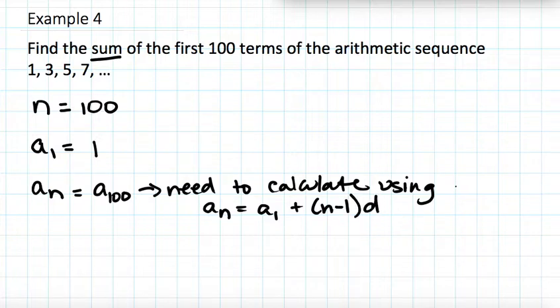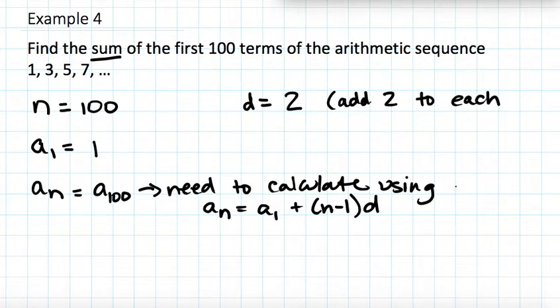So my n here obviously is 100. I have my a sub 1 already, that's 1. The other variable I need to use this formula is d. So what number are you adding to each term to get the next term? Well, for this, that's going to be 2 because I'm going from 1 to 3, 3 to 5, 5 to 7. So I'm always adding 2 to each term to get the next.